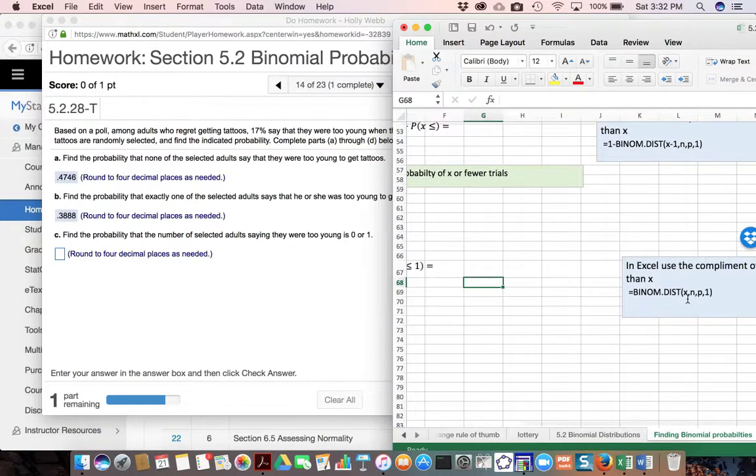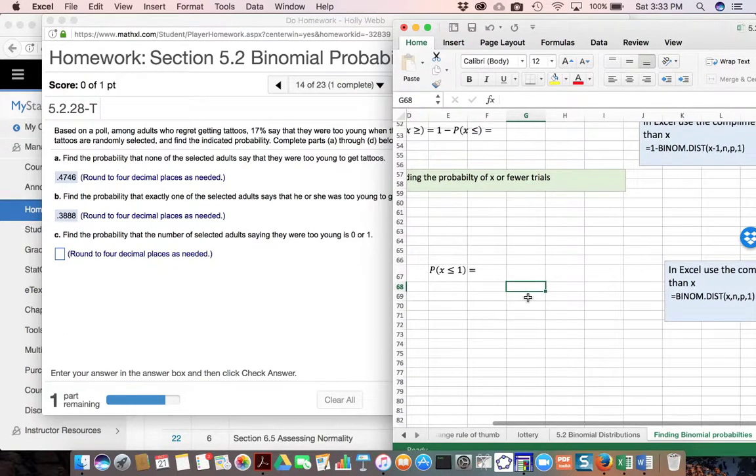We can just put in our 1 for our x, our n is still 4, our p is still 0.17, and cumulative. So the probability of 0 or 1 would be the probability that x is less than or equal to 1. Let's try it.